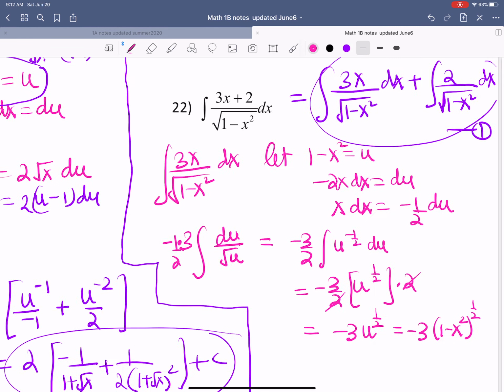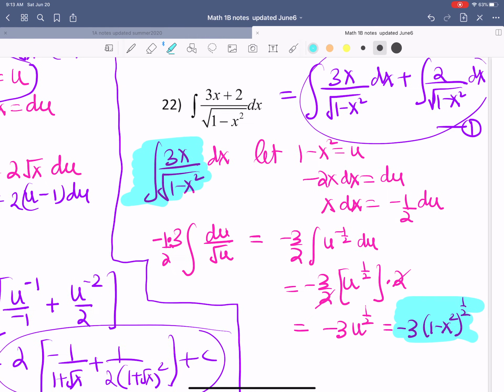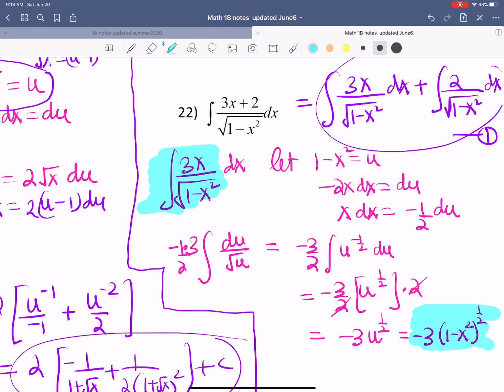So we got the first integral done. We just see that this integral simplifies to this. I'm not worried about the constant yet. At the end, I'm going to add the arbitrary constant. Now let's go back to the other integral. That one looks like a direct tangent inverse. No, sine inverse. 2 sine inverse x.